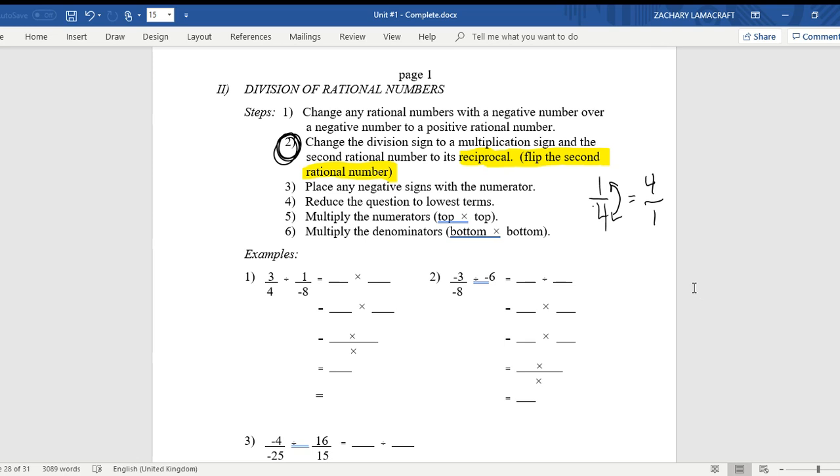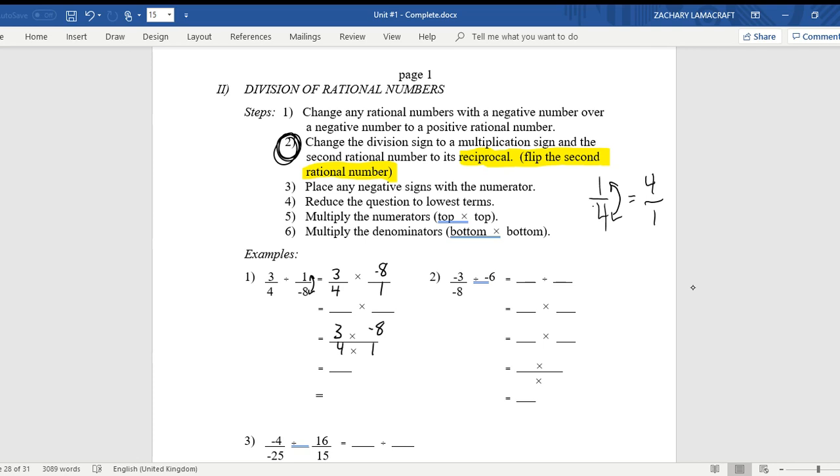So in this case here, we'd have 3 over 4 divided by 1 over negative 8. But since it's division, we're going to flip that. So it's going to become negative 8 over 1 because we flip that number. So then it should be 3 times negative 8 and 4 times 1.